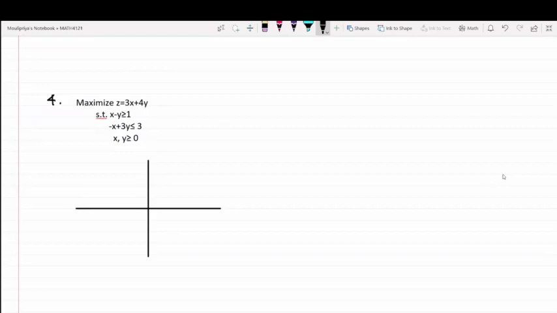If I draw the constraints right now, you have x by 1 plus y by minus 1 equal to 1. I'm changing the second constraint to one equality. So this is what it is supposed to be.